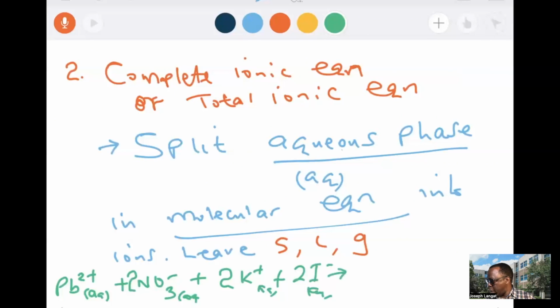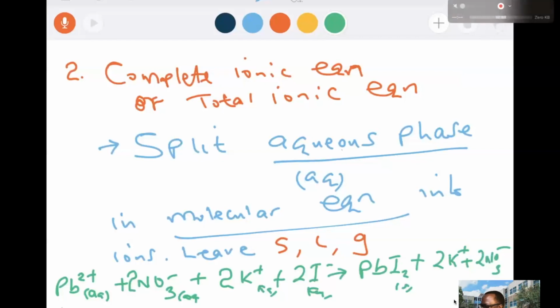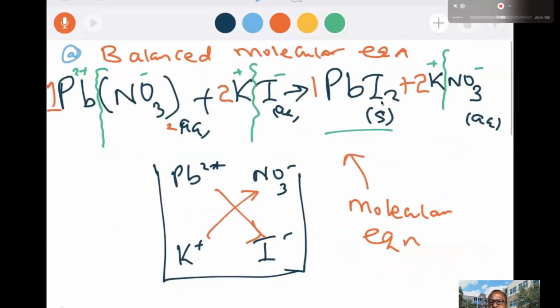We don't split the solid, so this will just be PbI2, and this is solid, plus 2K positive plus 2NO3 negative. Let me just get out of your way. So this is aqueous right here: two potassiums, two nitrates. We don't split the solid. The two potassiums and two nitrate ions you see here come from the second reagent; the two applies to potassium and nitrate ion.